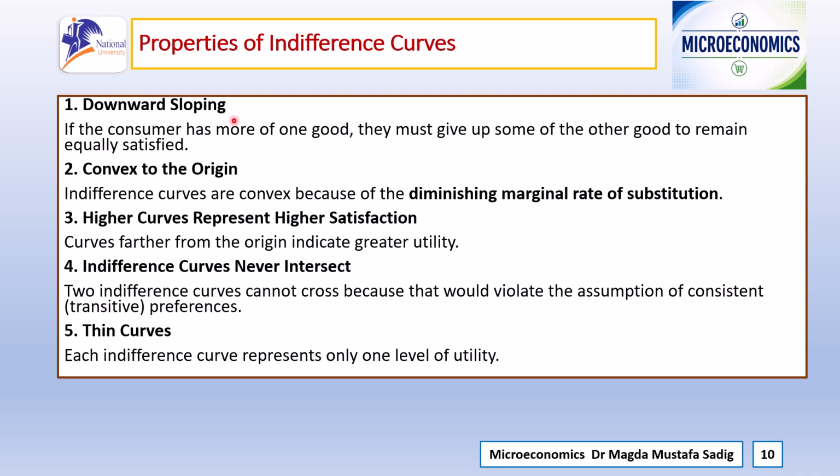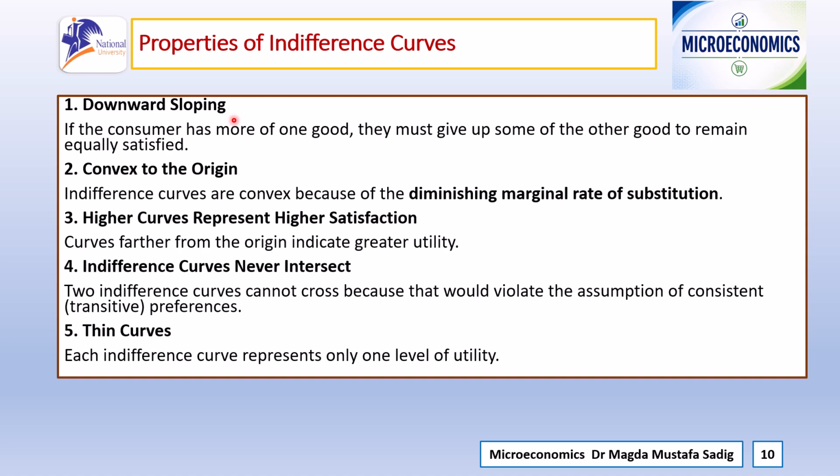When consumers have very little of good X, they are willing to sacrifice a large quantity of Y to obtain one more unit of good X. However, as they consume more and more of good X, each additional unit becomes less valuable relative to good Y. Consequently, they become less willing to give up good Y. This gradual reduction in willingness to substitute one good for another creates the convex shape.